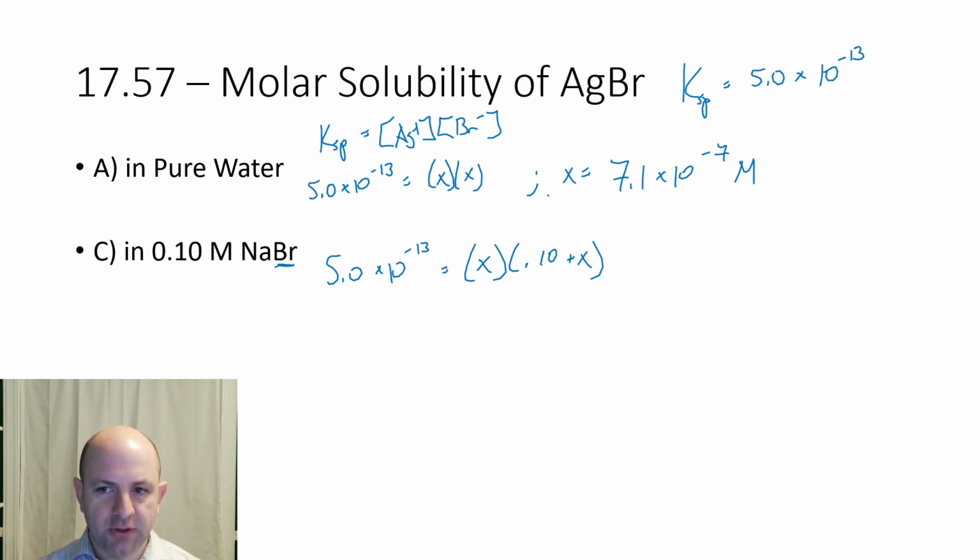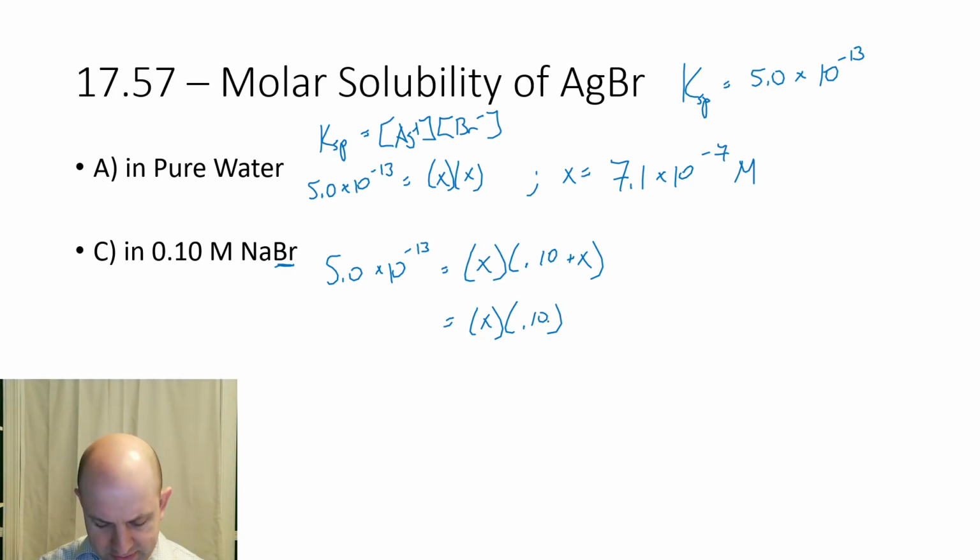In the last problem, x was 10 to the minus 7. Whenever we have a common ion, less dissolves than normal for an insoluble thing. So x in this case should be smaller than 10 to the minus 7. If it's smaller than 10 to the minus 7, it's never going to affect this 0.10. So I can simplify this and say it's going to be x times 0.10. Then when I solve for x, I'll plug it back in to make sure that's reasonable, but it will be.